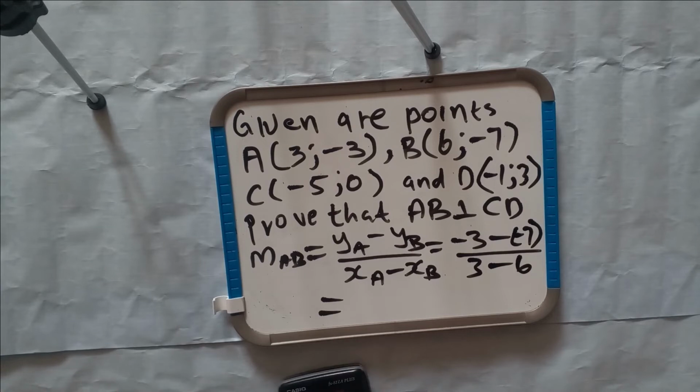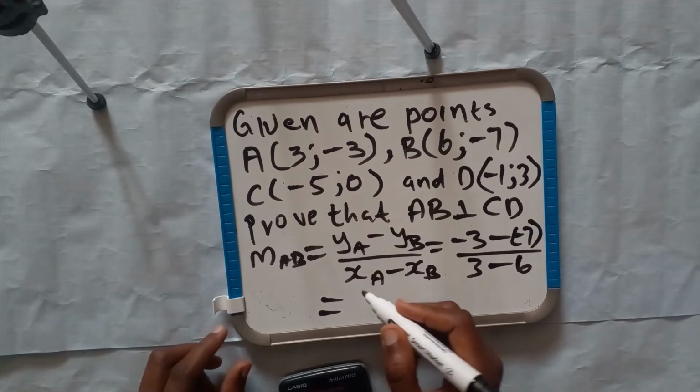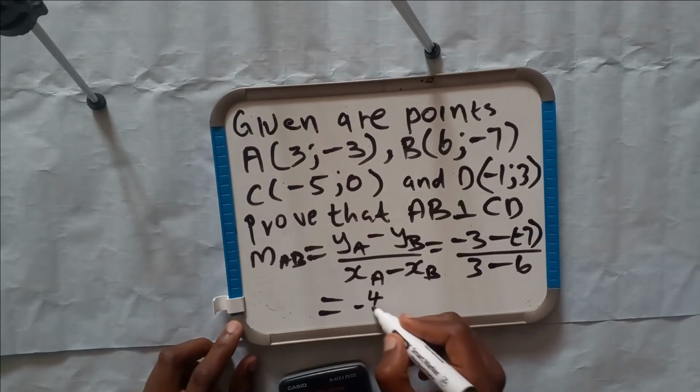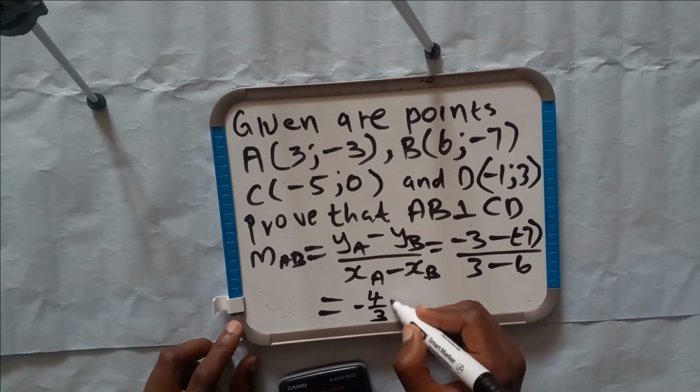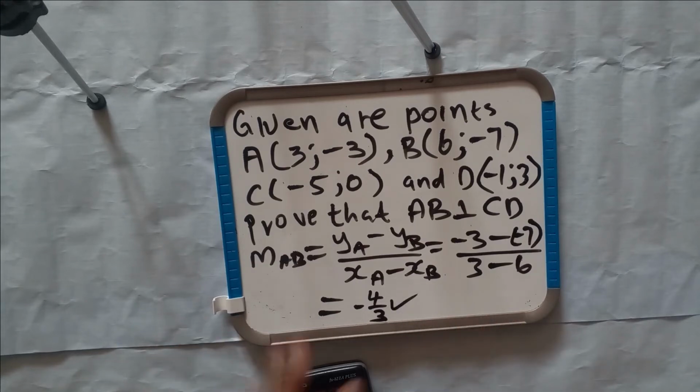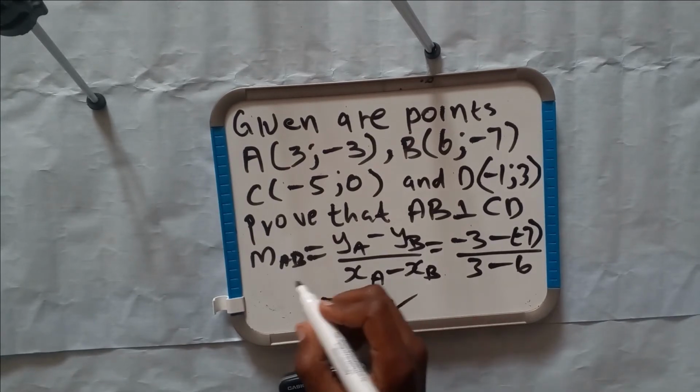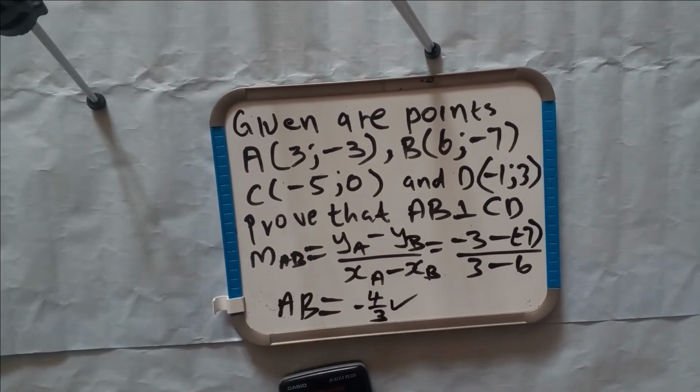Right, let us use our calculator now. -3 minus -7, all over 3 minus 6. Therefore, our gradient is going to be -4 over 3. Okay, now this is the gradient of what? This is the gradient of AB.